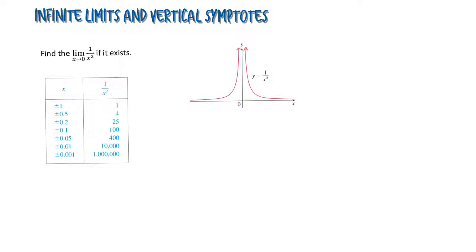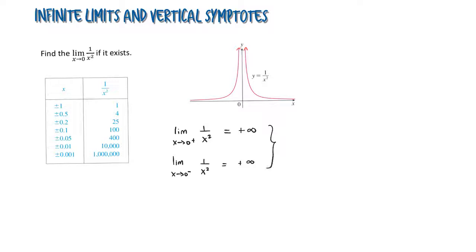So here, we conclude that the limit as x approaches 0 from the right of 1 over x squared is equal to positive infinity. Similarly, the limit as x approaches 0 from the left of 1 over x squared is equal to positive infinity.